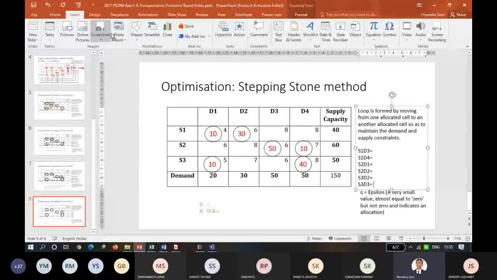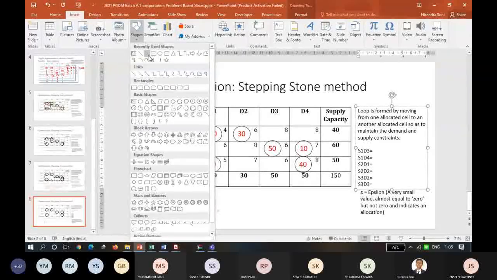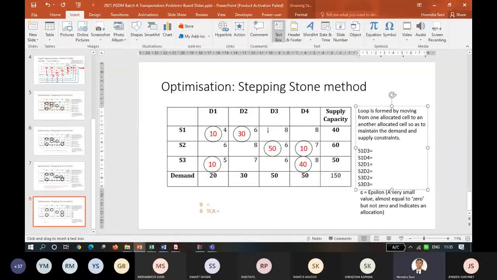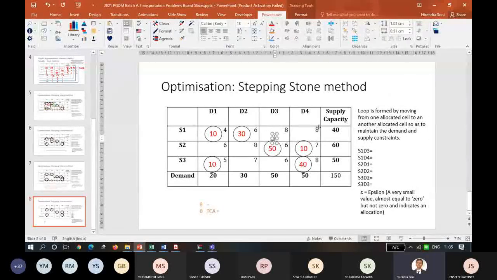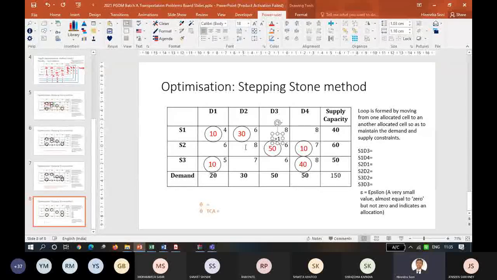We'll start with an assumption of an allocation in that particular cell, correct? So here it would be +1. That is how we start. How will the loop form? From here, what would be the next cell?